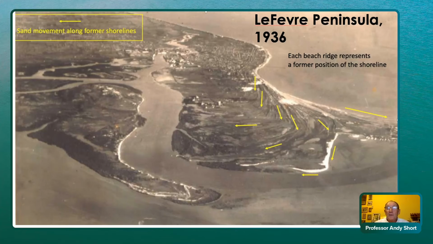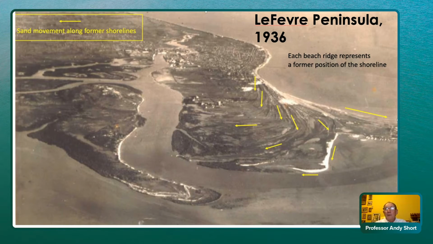You'll see here the Lefevre Peninsula, in a photo taken 80 years ago, before it was developed heavily. You can see those ridges with those yellow arrows paralleling some of them, the arrows indicating both the ridges and the direction of sand transport. Each of those ridges indicates a former position of a shoreline. They're called beach ridges.